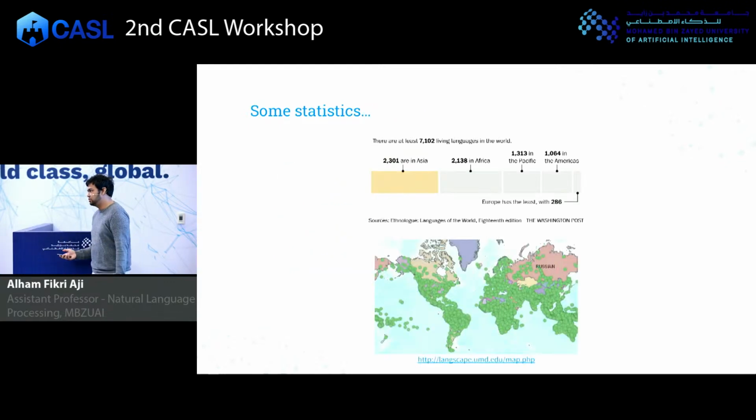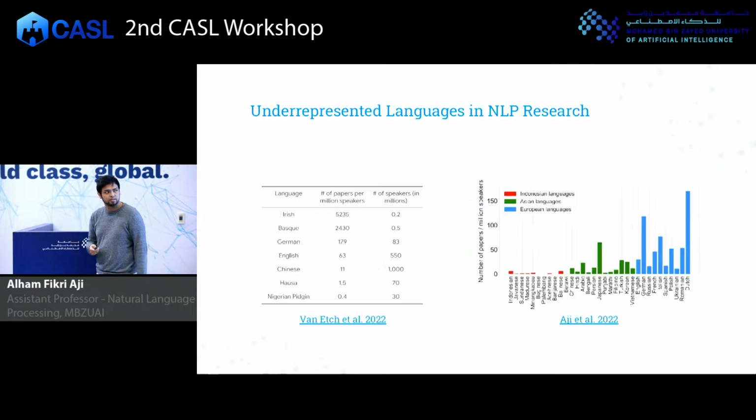So a little bit of statistics, right? We have 7,000 languages across the globe. The majority of them are from Asia and Africa, whereas the fewest are from Europe, yet the NLP research is focused on the European ones. So that's the imbalance in terms of NLP progress. And this is a statistic of how much NLP research there is compared to the population.